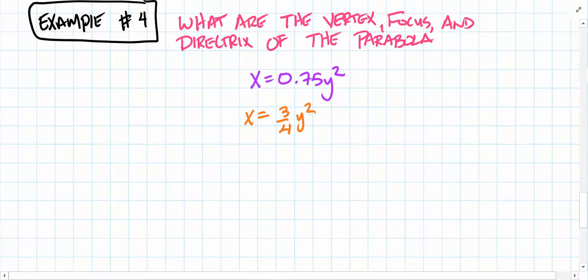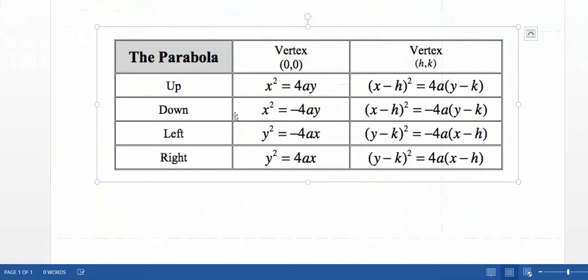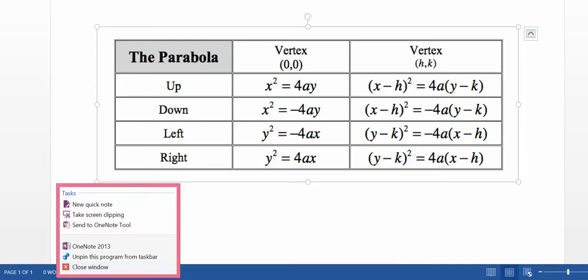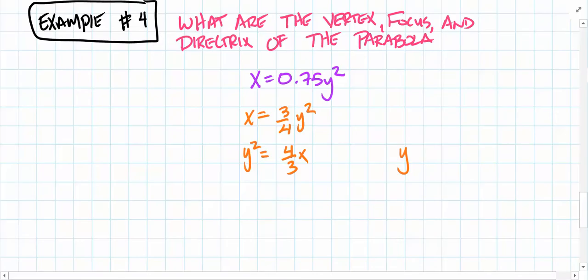That means that y squared is now equal to 4/3 of x. Now once I have it in this form, I can write down the form that I know is equivalent to it. y squared equals positive 4ax, so this parabola must open to the right.